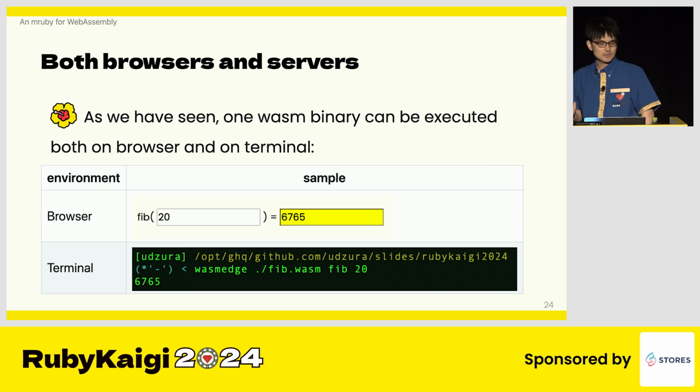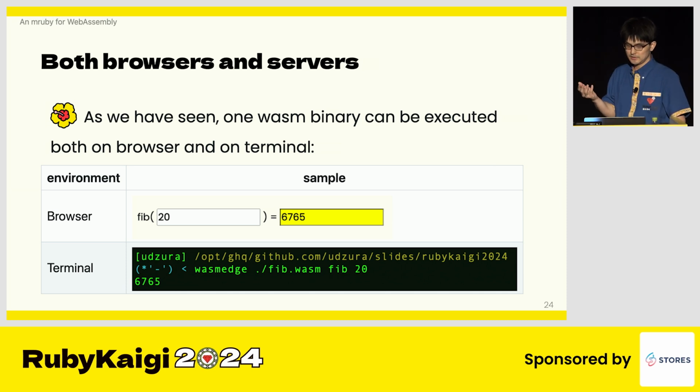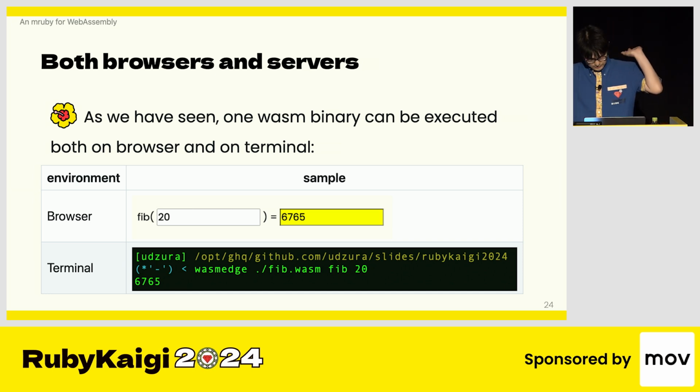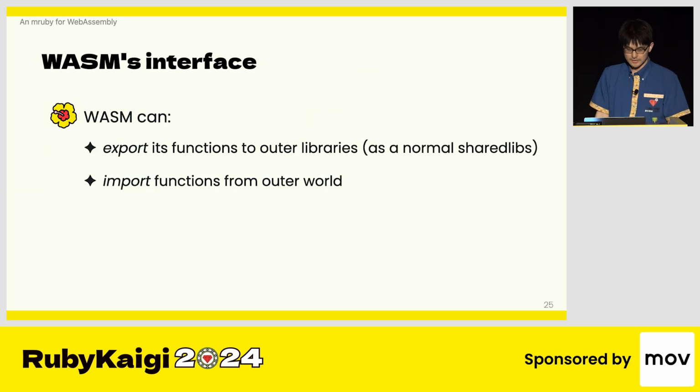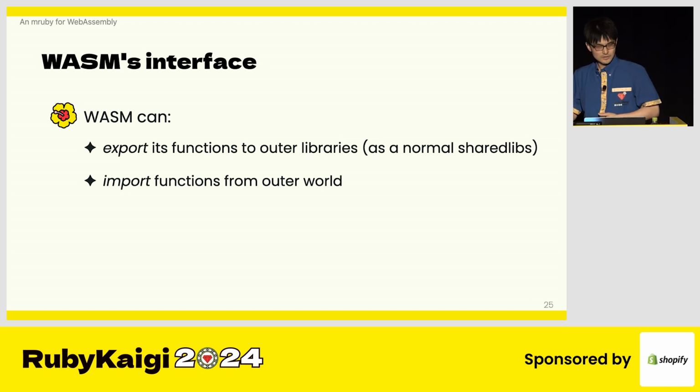As we have seen, one WASM binary can be executed in both the browser and the terminal and return the same result. And now that you know, WASM can export functions to the outer world or import functions from the outer world. And this is the basic interface of WebAssembly.